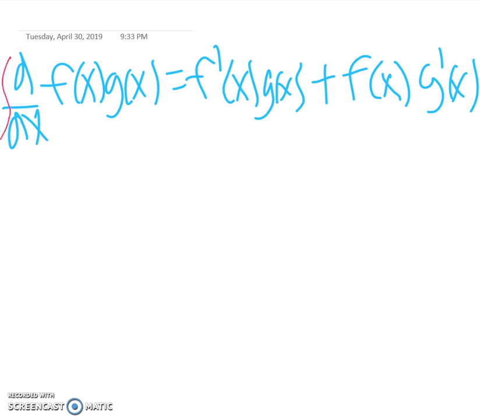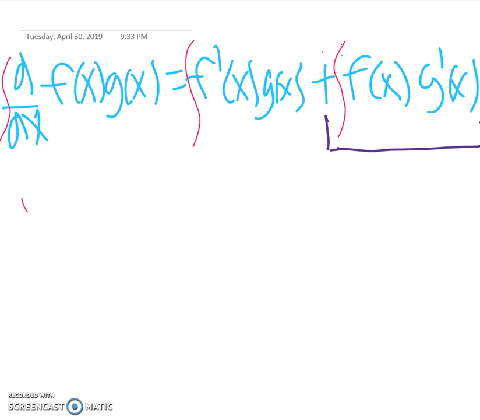and I'm going to try to do this in a different color, and we solve for this one right here, we're going to get, first off, the integral of a derivative is just the function, f of x, g of x.